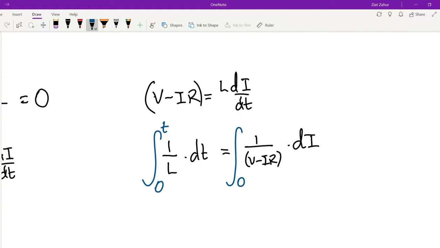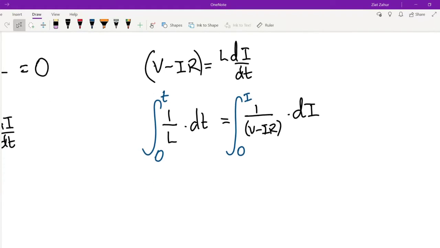What's the question, Torben? It's V minus inductor minus IR. Yeah, it is. That's the loop rule. And we're going to go up to I amount of current. All right, now it's just a simple problem, right? L is a constant. We can factor it out. Integral of dt gives us the t.